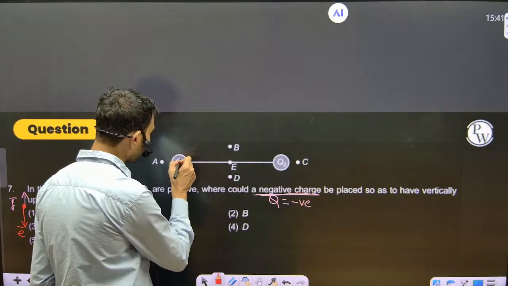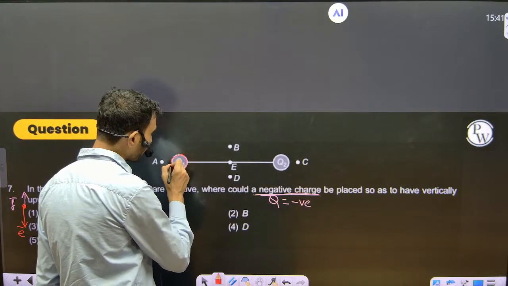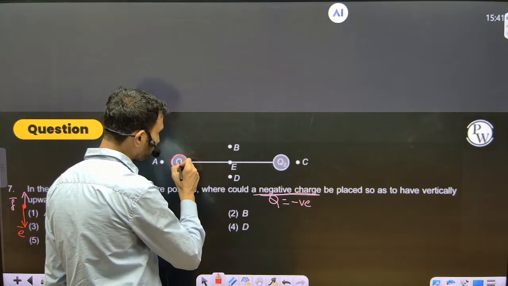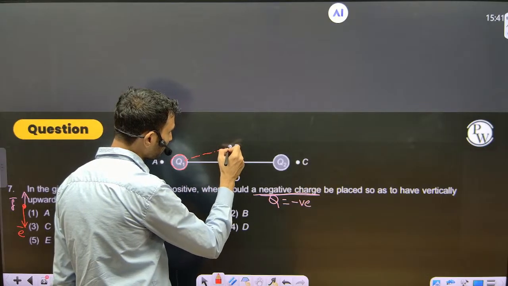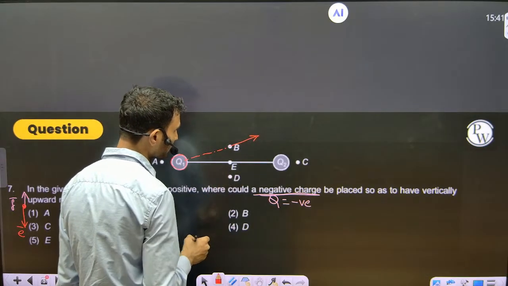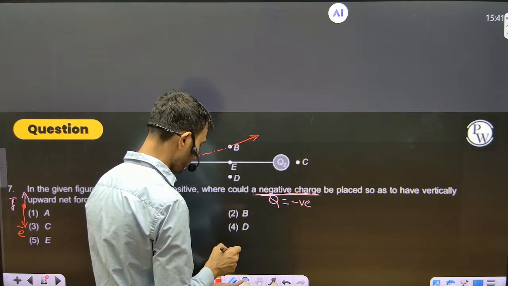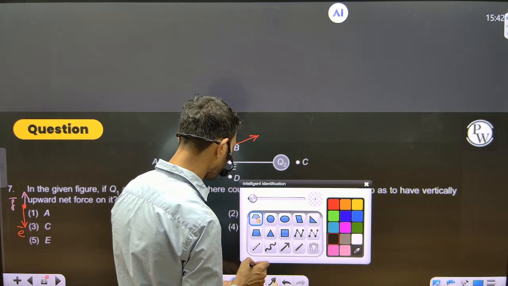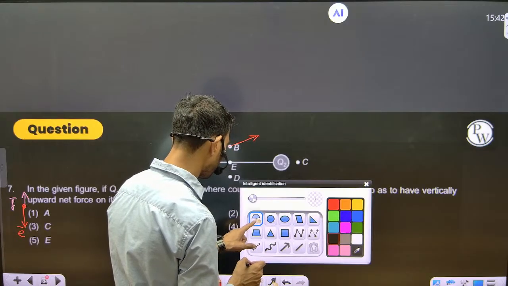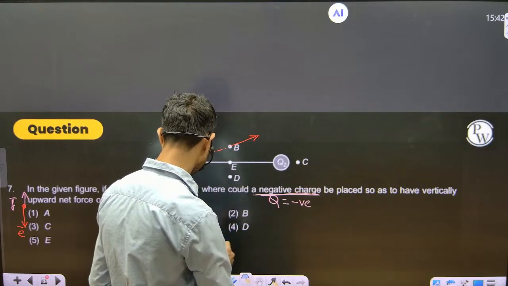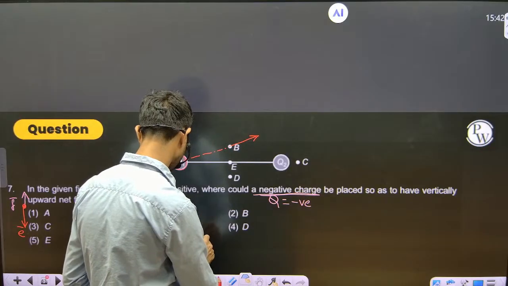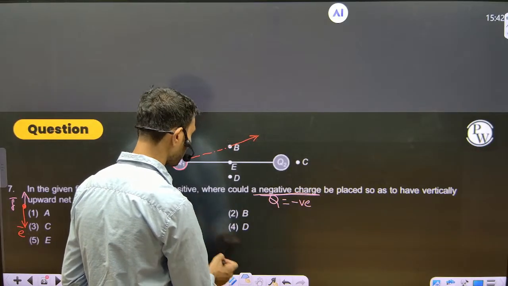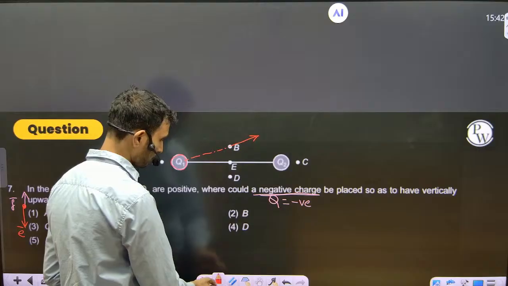So let's check this charge. Due to this charge, at this point, the electric field will be in this direction, right?